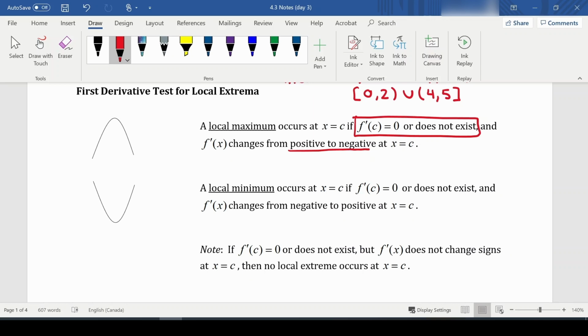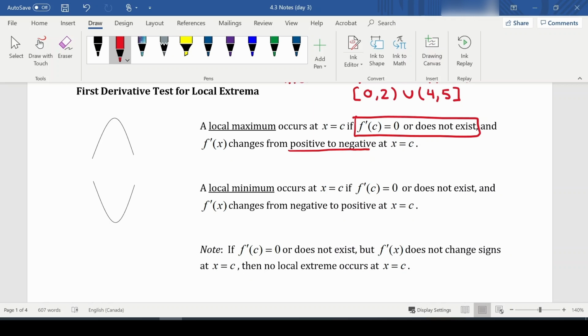So remember that we had our critical number test where we looked for where does f prime equal 0 or does not exist. And we said that that could be where we also have a maximum or minimum. We will specifically have a maximum if f prime changes from positive to negative at that x value, in addition to equaling 0 or not existing.